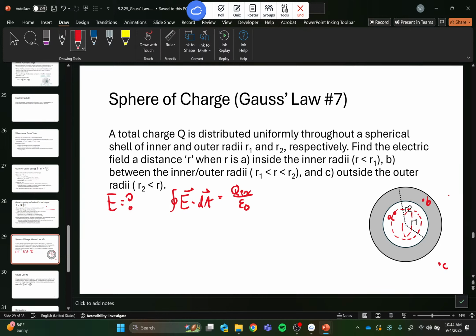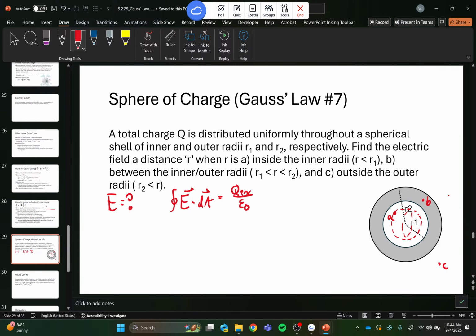So in this case with the sphere, we do the area of the sphere. I mentioned that in the previous slide, and we chatted about that last class. So this left side is going to turn into E times the area of a sphere, which is 4 pi r squared.